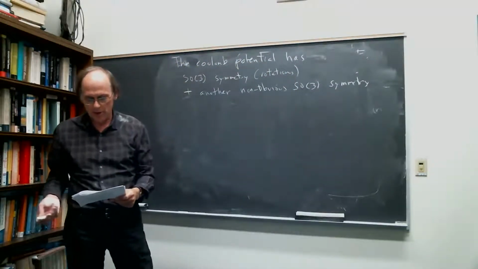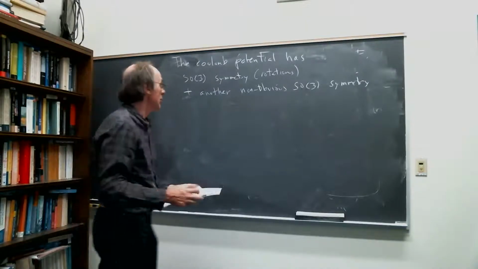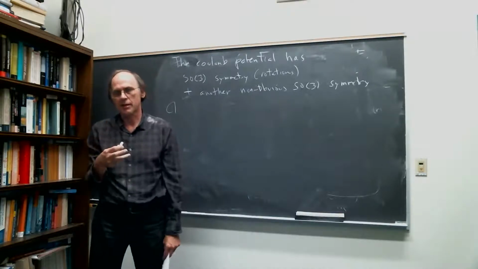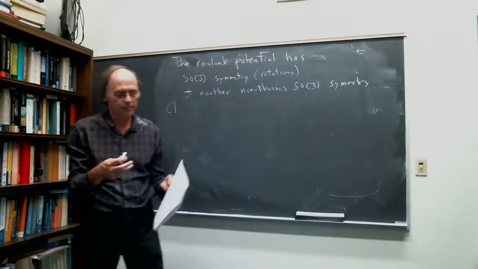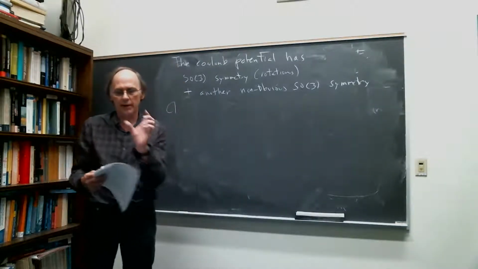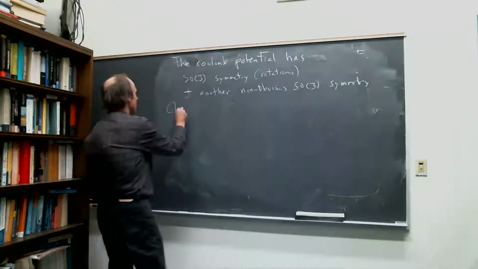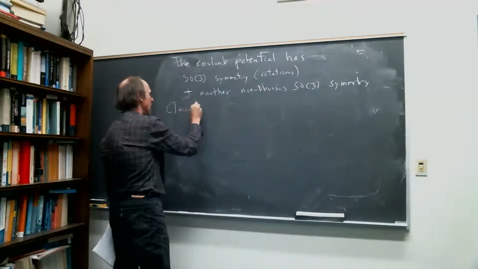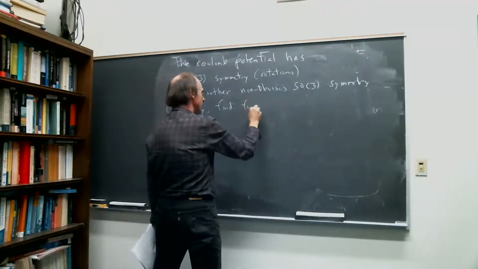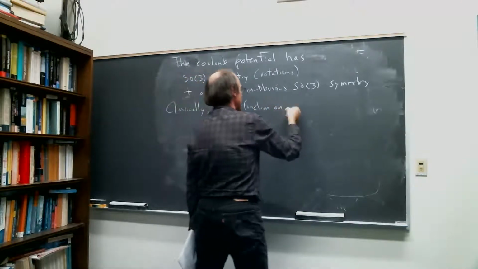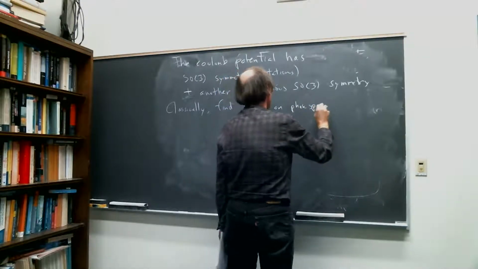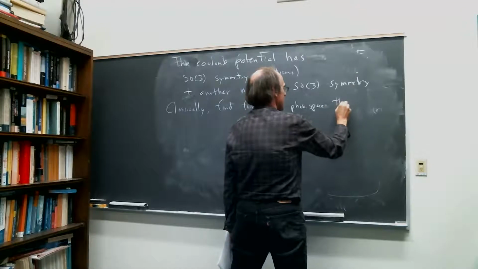But the way I wanted to explain this here: it's easiest to see the symmetry classically, in terms of phase space, and then you find the function that generates it. So classically, let's find the function on phase space that generates this.